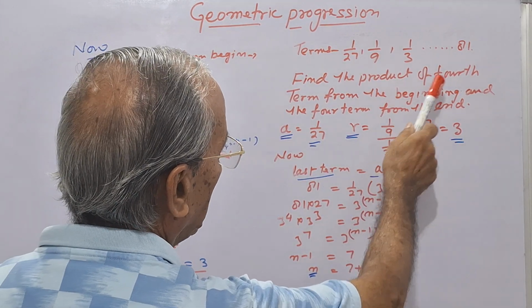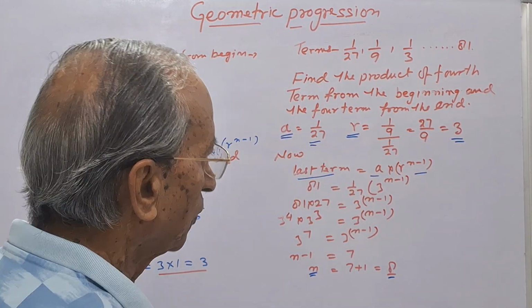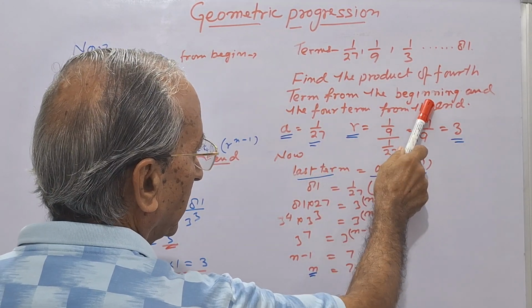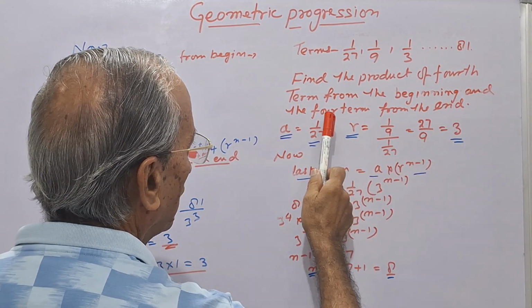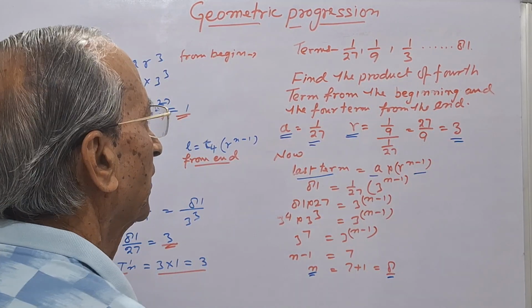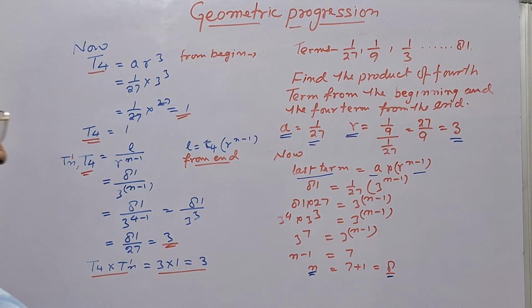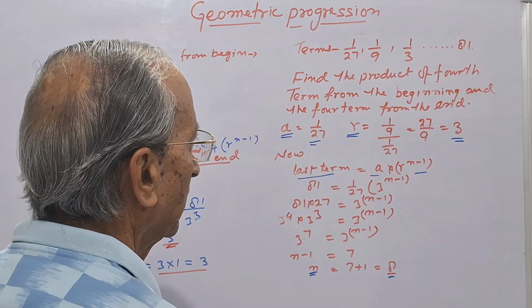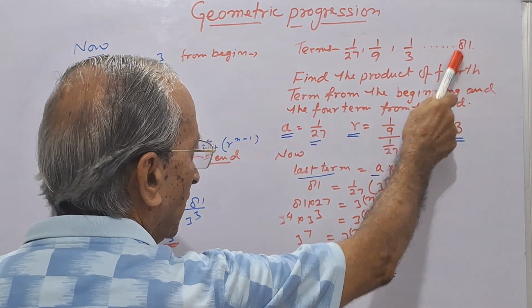It means we have to find out the value of the 4th term from the beginning and also the 4th term from the last.